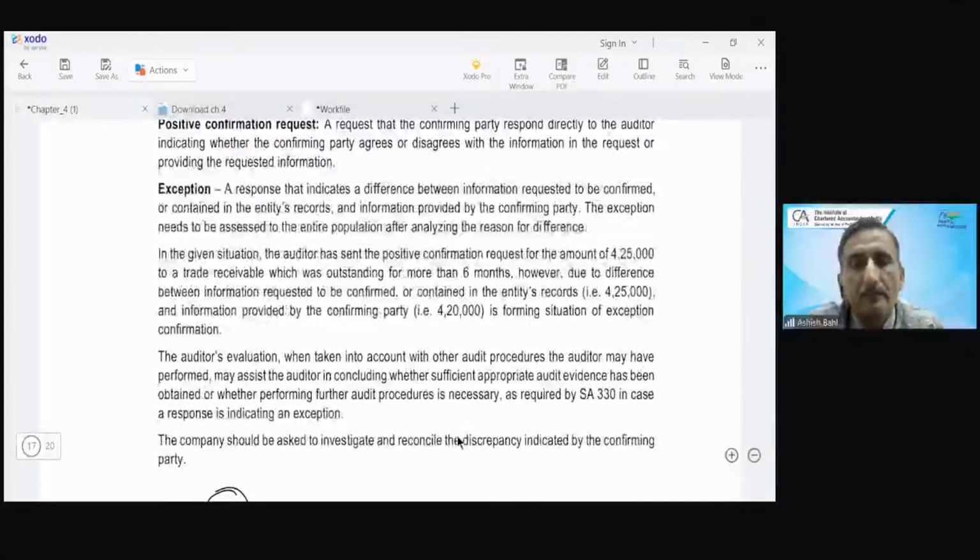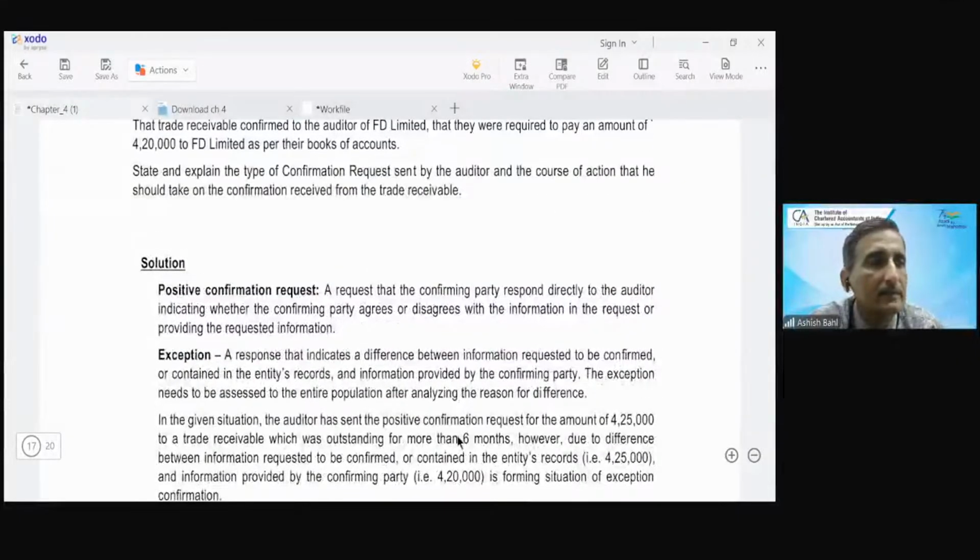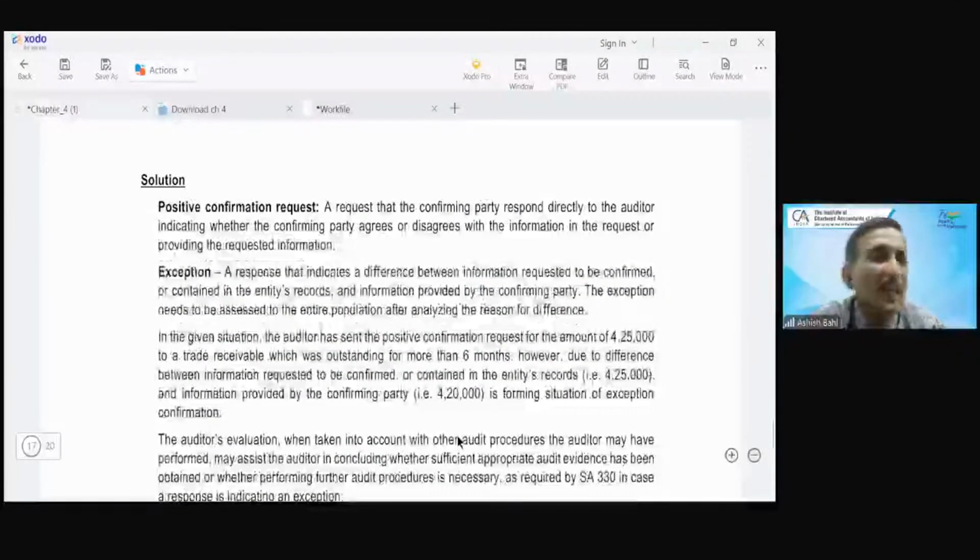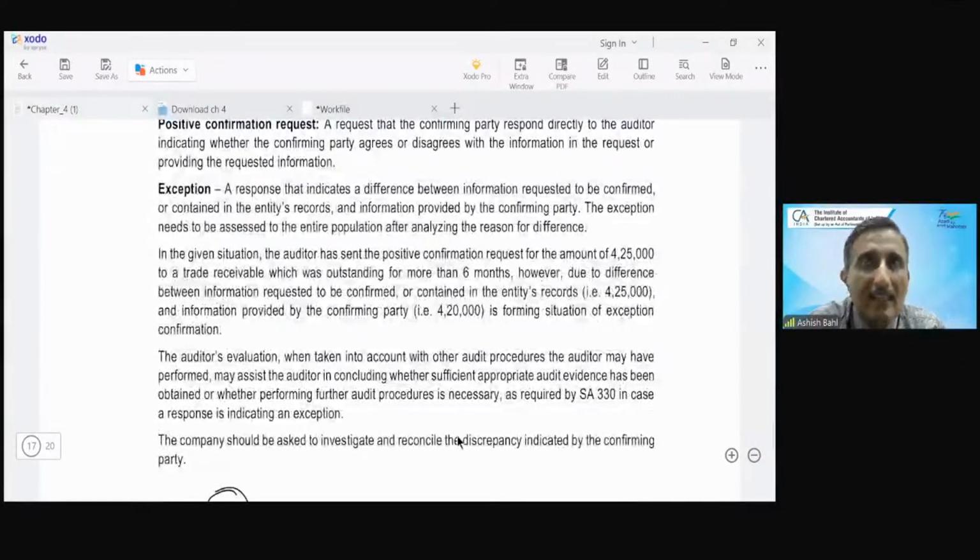Clear? He would need to investigate whether some modification to his other procedures is required in light of that. So this may be carrying 2 marks. So read the question carefully and answer all parts.